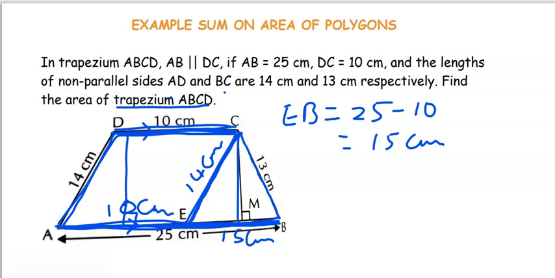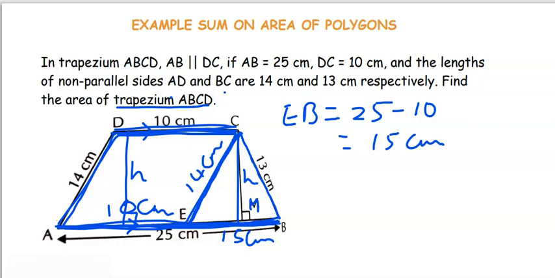So we draw a perpendicular CM to the AB line. We need to find this perpendicular, which is the same as H for the trapezium also. So let us find H for the triangle first, and then use that same H for finding the area of the trapezium.